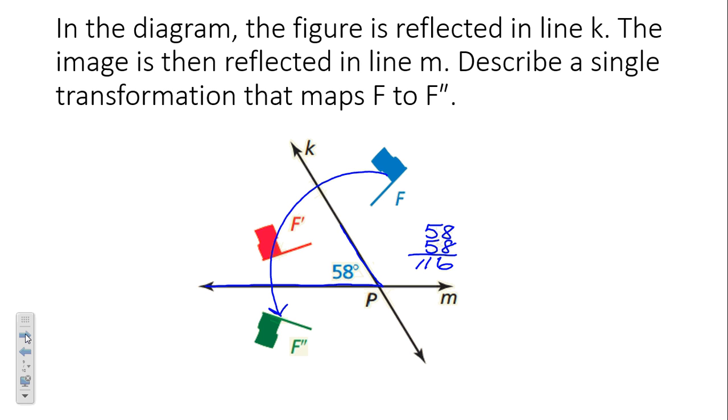If we reflect something across a line and then reflect it again across a line that intersects with it, and their total angle measure between those two lines is 58, then the whole rotation from start to finish is going to be double that angle, 116 degrees. More than 90, less than 180, we can all see that, right? How much more? It's a total of 116 degrees.